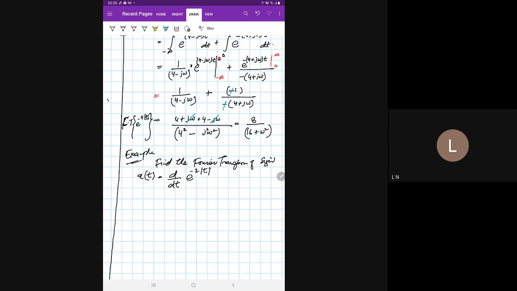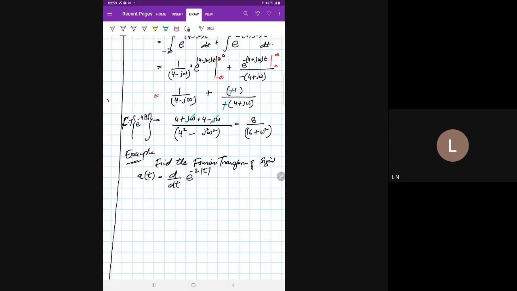This is the Fourier transform now of a differential of e raised power minus 2t. So previously we were trying to find out the Fourier transform of e raised power minus 4t. Now this is the differential form of the exponential function. So it is a different one.